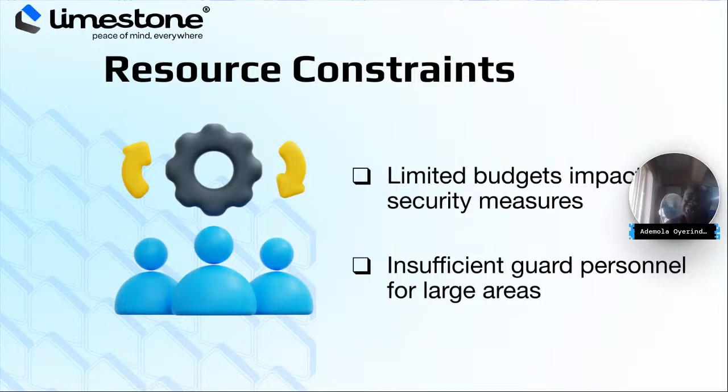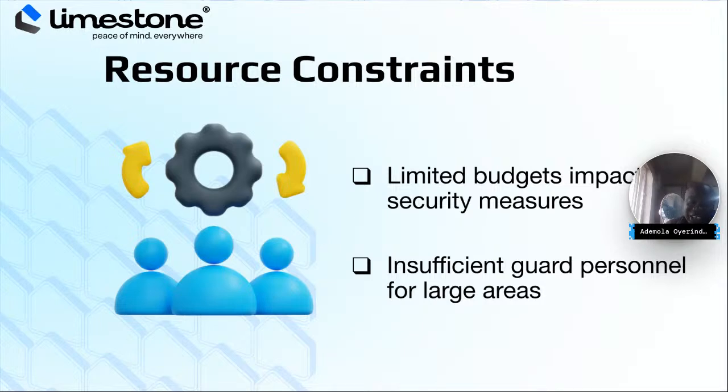So all of these show that we have to find an enabler, something that can help us mitigate these challenges. This is where technology comes in. Today technology has become an enabler for living, for life generally, and it can be used for security. Where you don't have enough personnel, CCTV can help you.